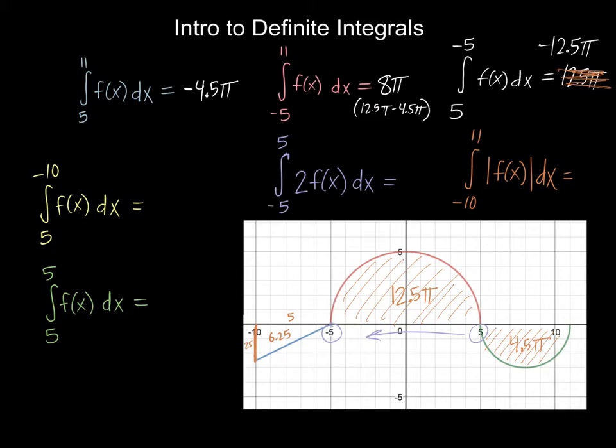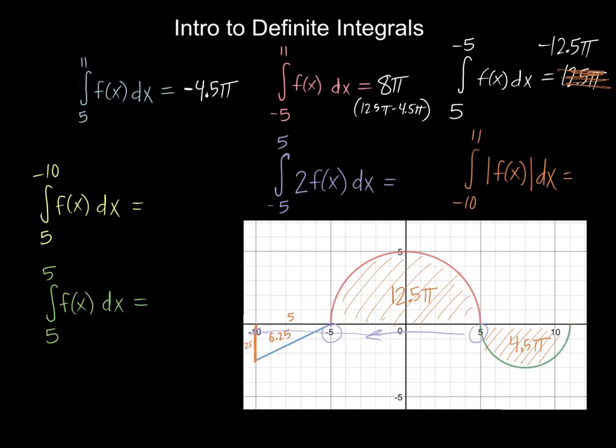All right, next question is from 5 to negative 10. Now that's moving right to left, but going all the way to negative 10. So here's something interesting that happens. We've got kind of a double negative going on. If you're moving right to left, that makes the area negative. If you are below the axis, that makes it negative, but those two things combined make it positive.